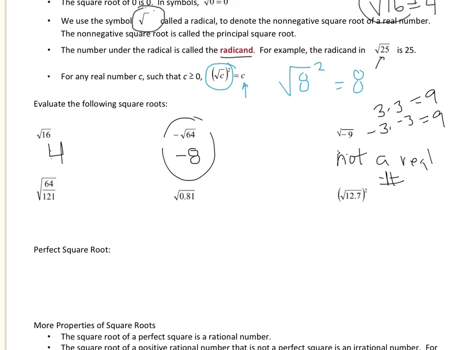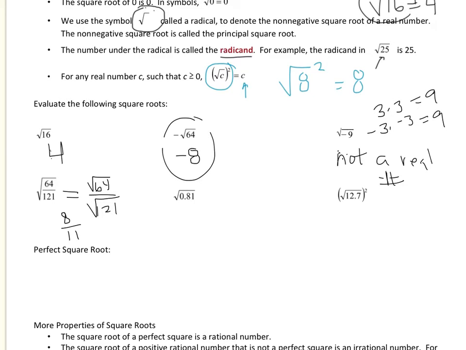A couple more examples. Square root of 64 over 121. We can simply think of this as the square root of 64 divided by the square root of 121, which is 8 over 11. Those are both nice roots. Okay, square root of 0.81.